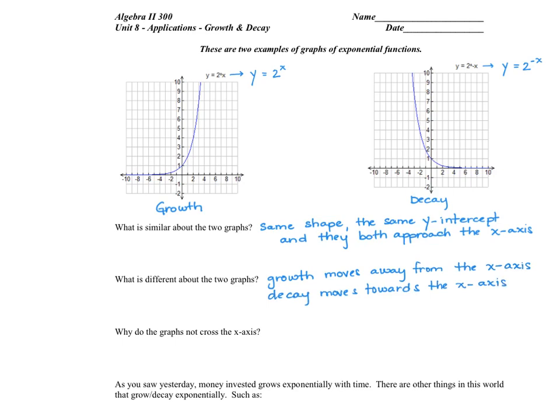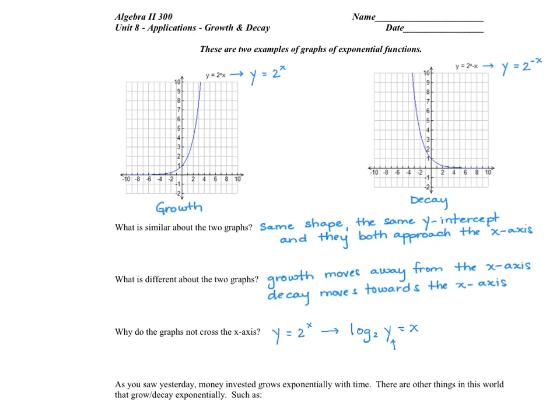If we focus on why these graphs don't cross the x-axis, let's go back to what we first learned when we started talking about logarithms. If we look at growth in exponential form, y equals 2 to the x, and change that to log form, it becomes log base 2 of y equals x.